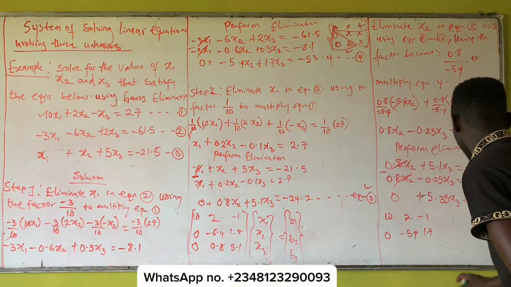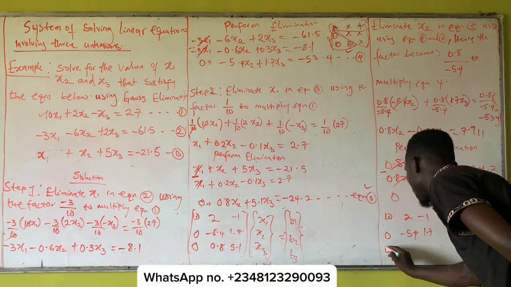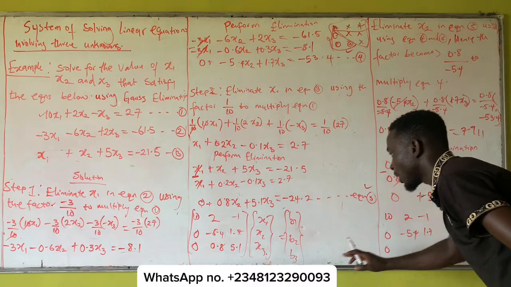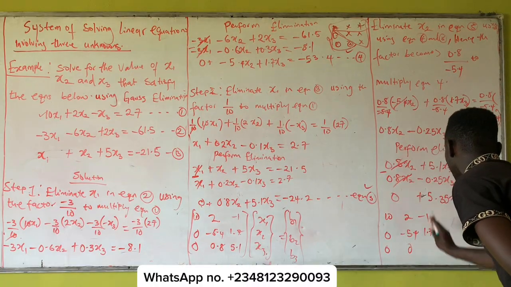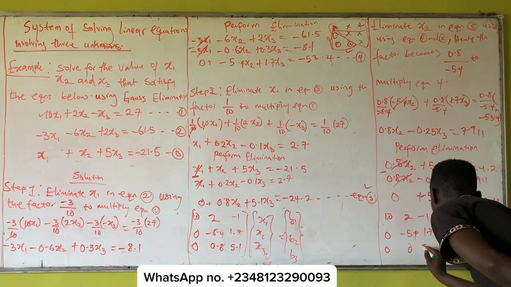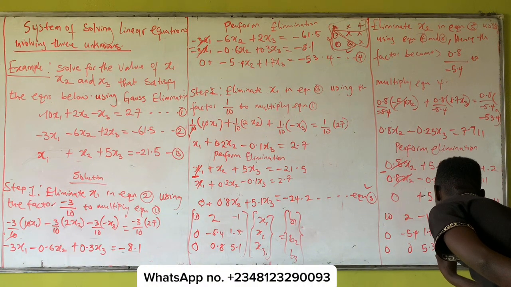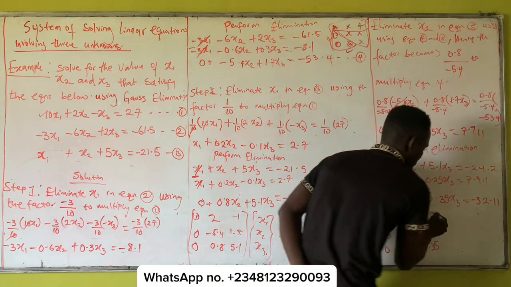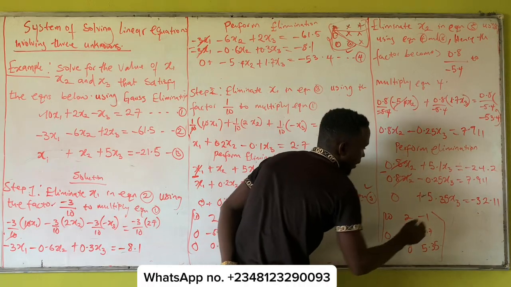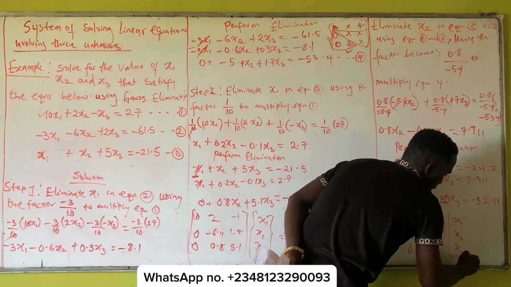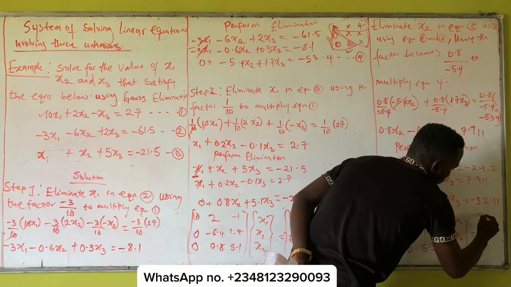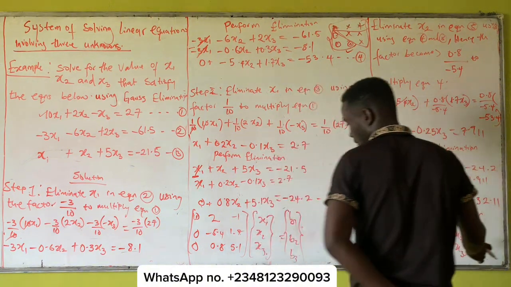Now we have eliminated this, so that point becomes 0, and we are left with, for s3, 5.35. So this becomes our matrix into x1, x2, x3 equal to, and if you notice, the value here has also changed.